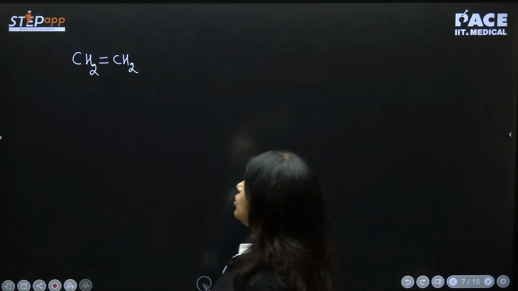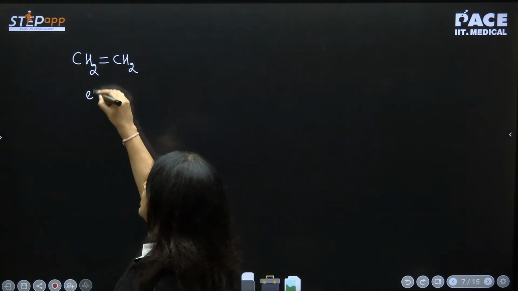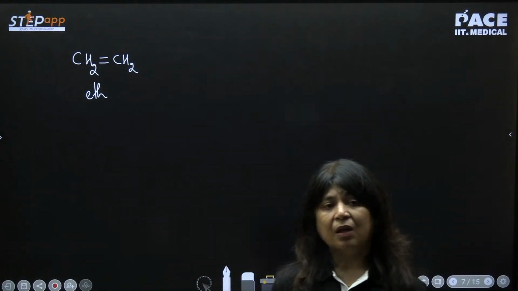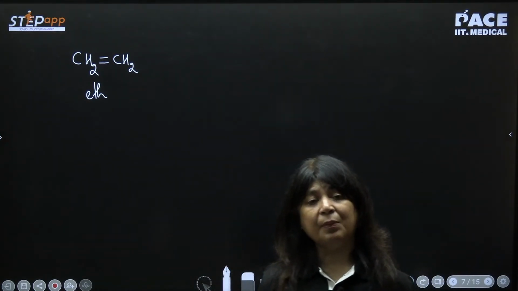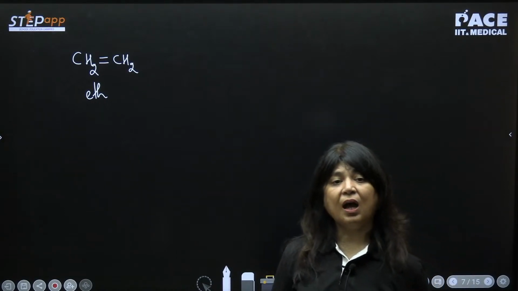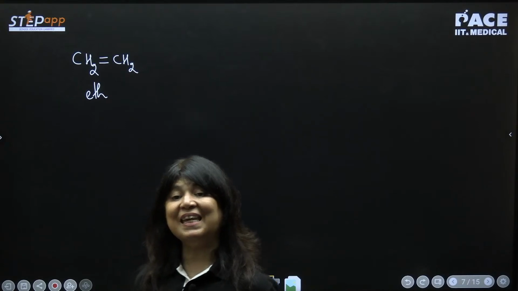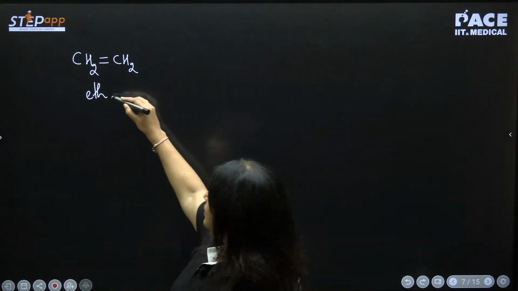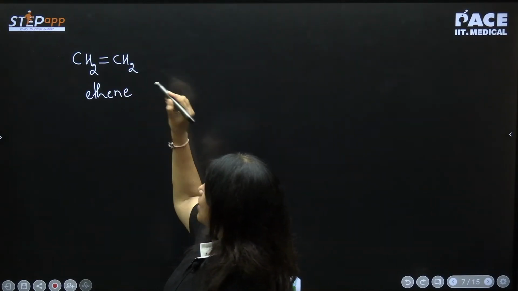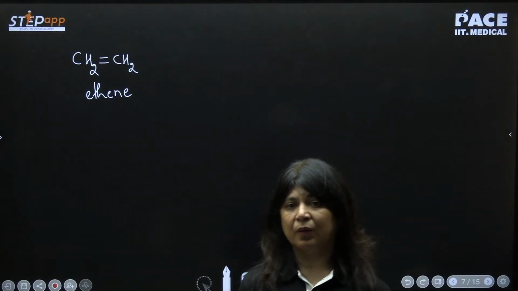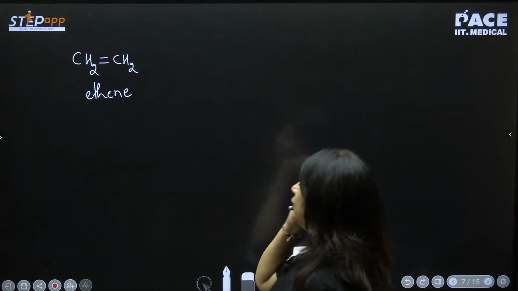So the root word I'm going to use here is eth. I can see that there is a carbon-carbon double bond present. So for carbon-carbon double bonds, the primary suffix which I have to use is ene. So the primary suffix I'll add here is ene. So the name of the organic compound becomes ethene.